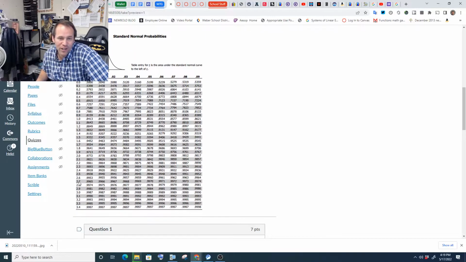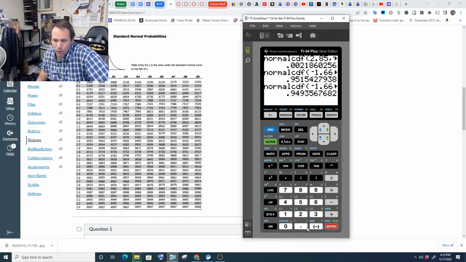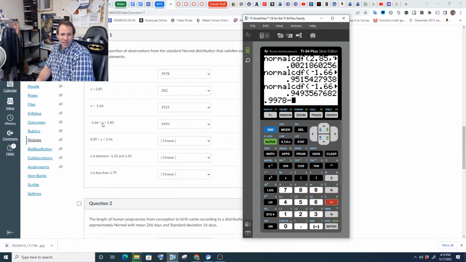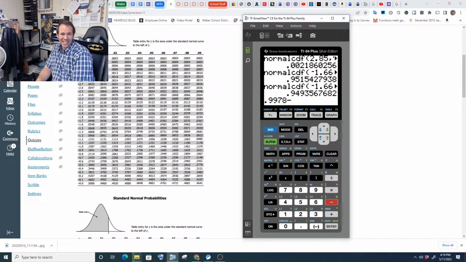Oh, we already figured it out. So positive 2.85 is 0.9978. So I would go 0.9978, which was going all the way up to the 2.85. And then I would minus, right? Then I'd minus this one, negative 1.66.